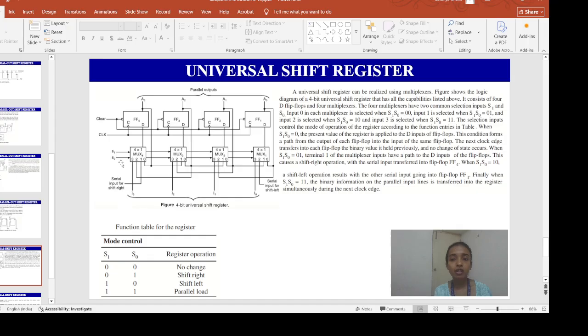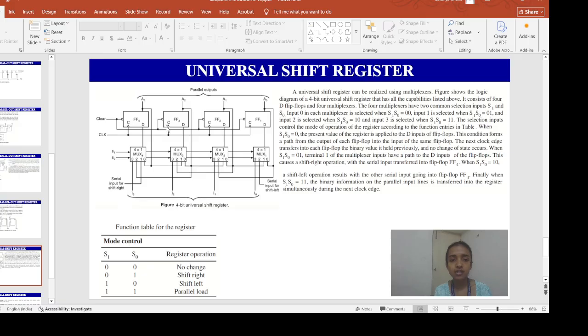So, when S1, S0 is 0, 0, what happens? The present value of the register is applied to the D inputs of all these flip-flops. This condition will form a path from the output of each flip-flop into the input of the same flip-flop.